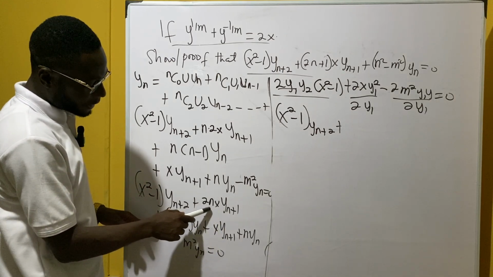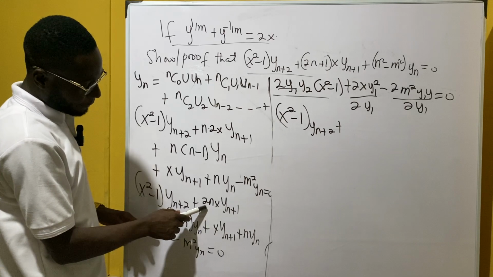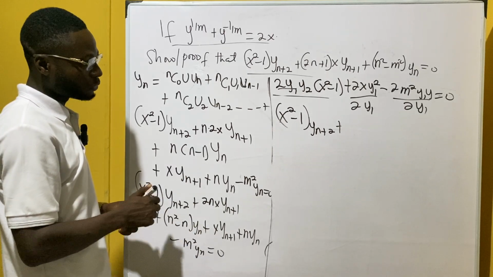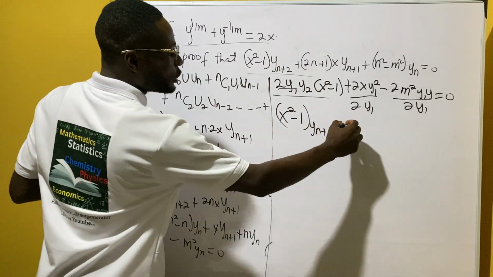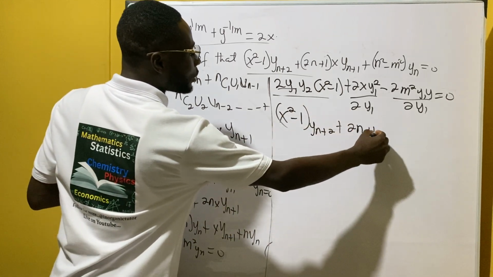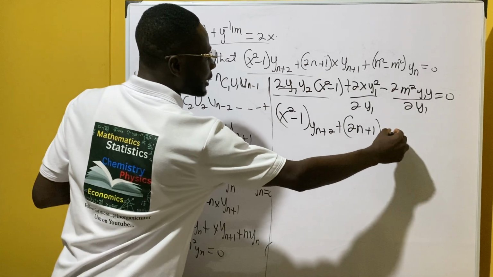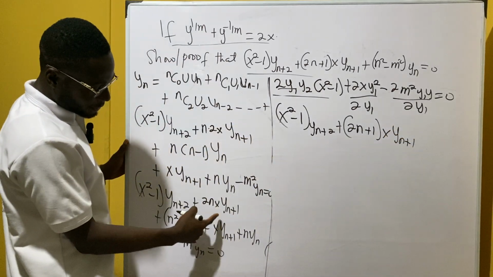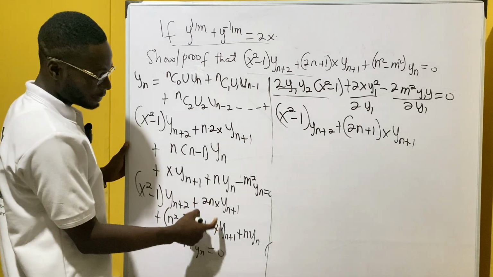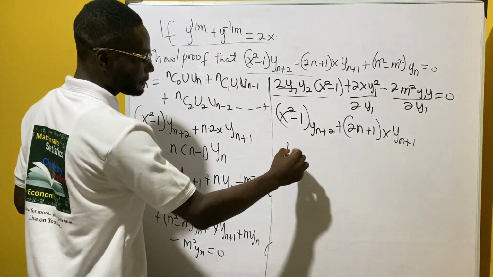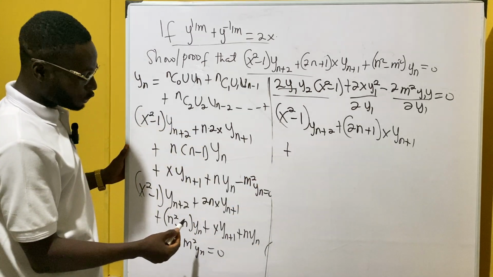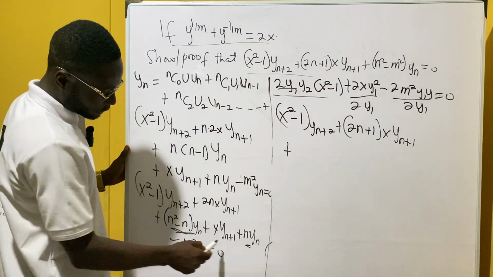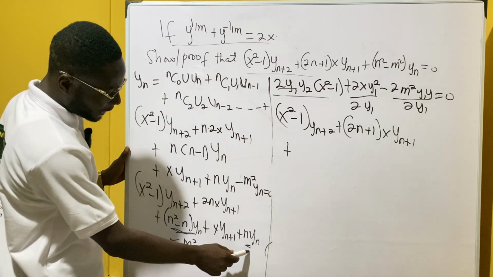So we say 2n plus 1, then we factor the x out, n plus 1, right? So I'm working on this and this, plus the next one is going to be this right here and this, because we have yn and yn, right?